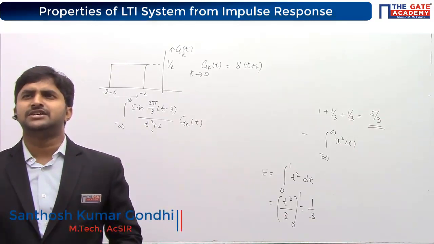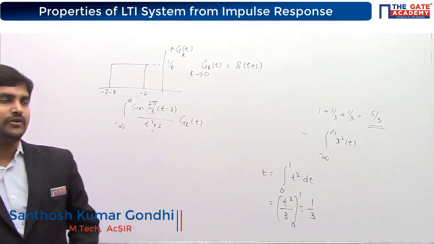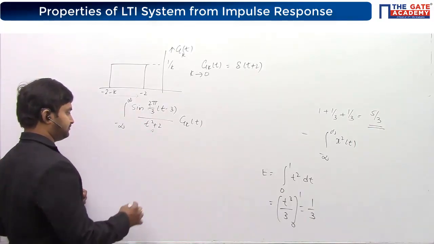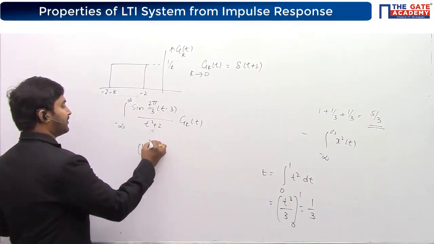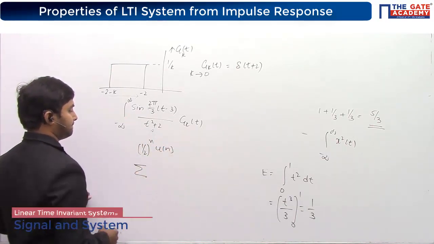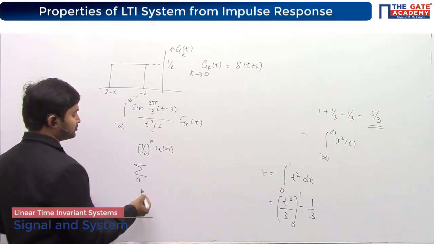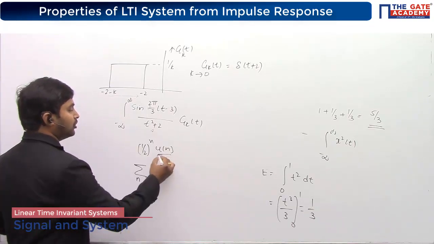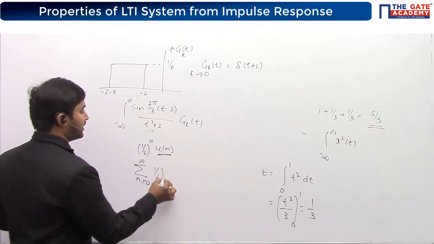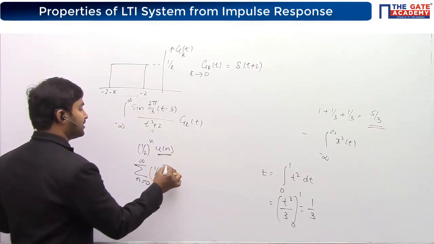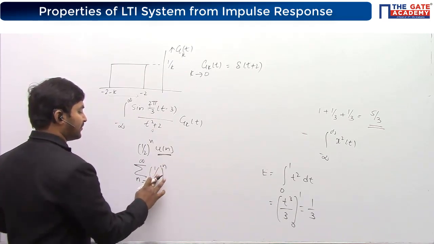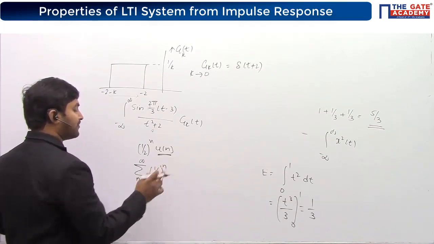Finding the energy in the case of 1 by 2 power n u of n, it's very simple, right? Summation, generally we start from minus infinity, but because u of n is present, I can directly do it from 0 to infinity. 1 by 2 power n whole square becomes 1 by 4 power n.